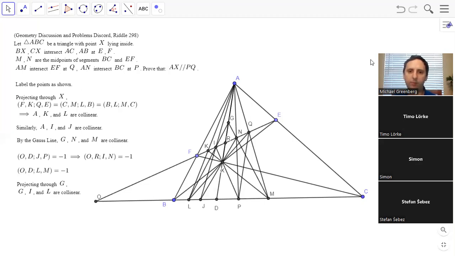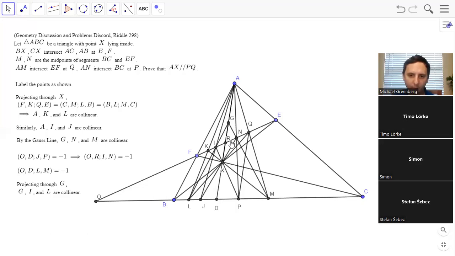Yeah, we could also project through M, right? Well, yeah, I don't know if that's as good, but then we get K and Q. Oh, but we want to use the parallel. So if they're parallel, then we'd have to draw GP intersect this.